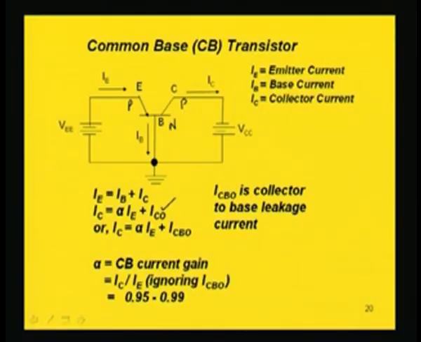So, that current, let us name it by ICBO, collector to base current when emitter is open. To name the reverse saturation current, we have coined another representing name ICBO. So, this is the equation for the collector current in a common base transistor. IC equal to alpha times IE plus ICBO.